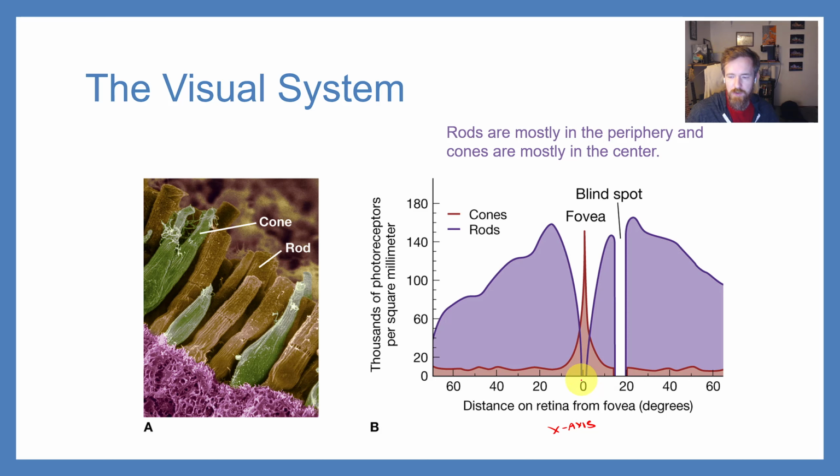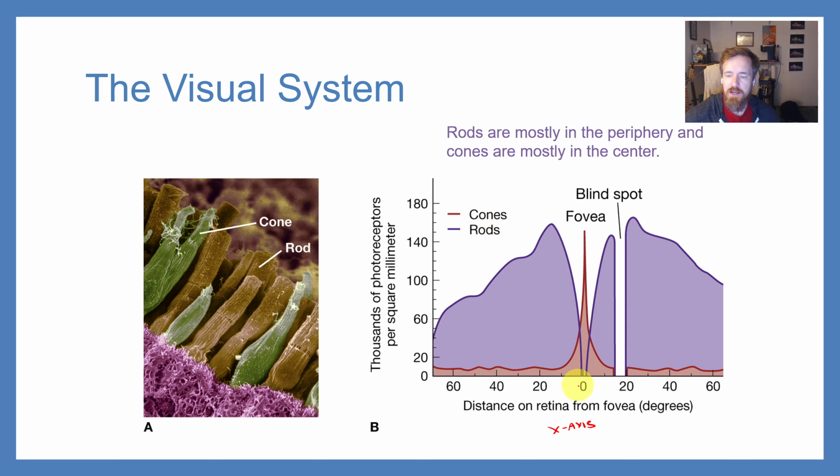So 0 would be right in the middle of our retina, and 20 would be 20 degrees away from the fovea, from the center. This would be 60 degrees away from the fovea. And on the y-axis we have the thousands of photoreceptors per square millimeter. So in 1 tiny millimeter, how many thousand photoreceptors do we have based on the type?